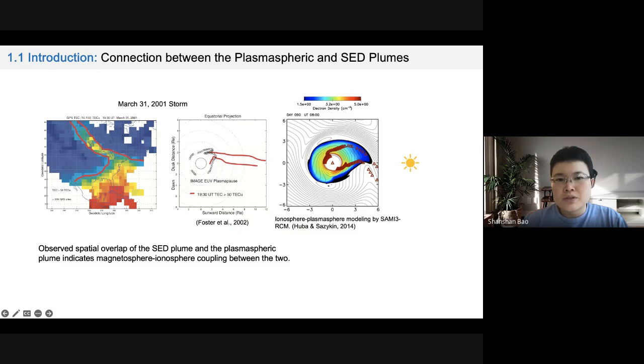So it can be shown that the two plumes overlap each other. This phenomenon was simulated by the SEMI-3 RCM model, and they successfully reproduced this plume overlap. Like this overlap or joint evolution of the two plumes indicates magnetosphere ionosphere coupling between the two.